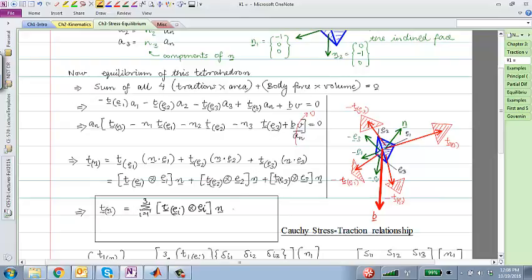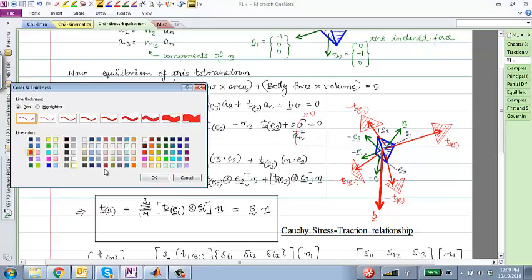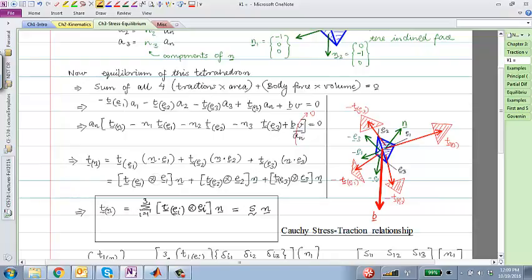And now I'm ready to assign some variable to this. I'm going to say that this is S acting on n, where the S is a stress, actually the Cauchy stress tensor. So let me call that thing in here. This is what I'm calling S, the Cauchy stress.